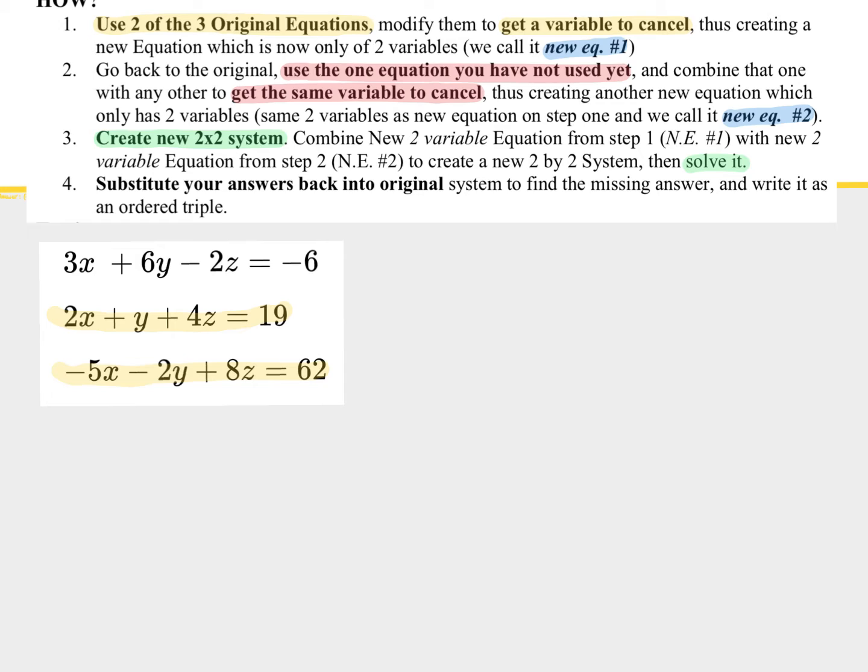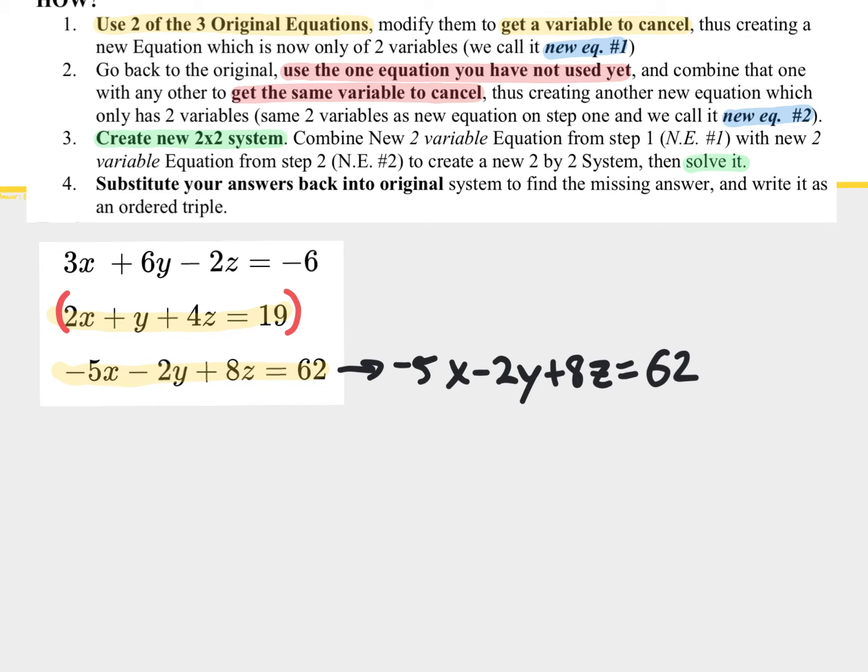Okay, so we are going to cancel out the y's, and that means I am not going to do anything to my third one. I'm just going to rewrite it. So that's -5x minus 2y plus 8z equals 62. And the middle one, I will have to modify it.